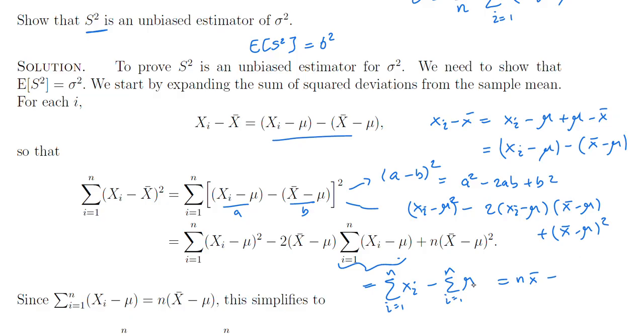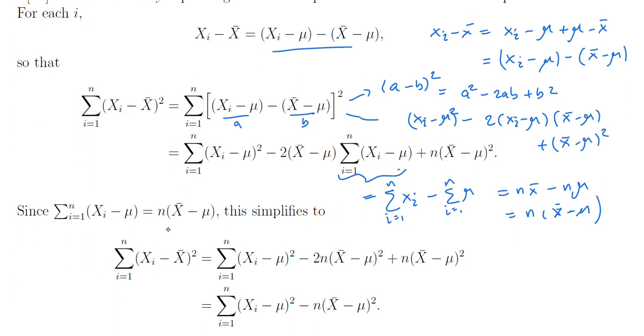And when we add mu n times, it becomes n times mu, which can be written as n times x bar minus mu. That's what's written here. So if we replace with that, the middle term simplifies to 2 times n times x bar minus mu, one from here, squared. And then these two are like terms, which simplify into n times x bar minus mu squared.